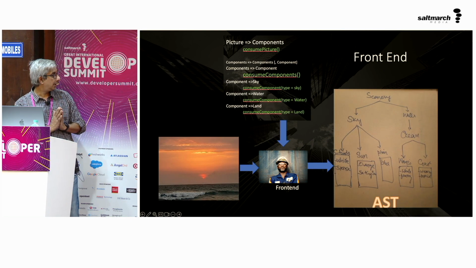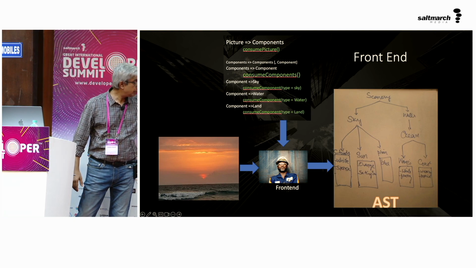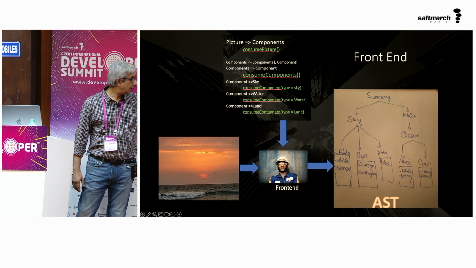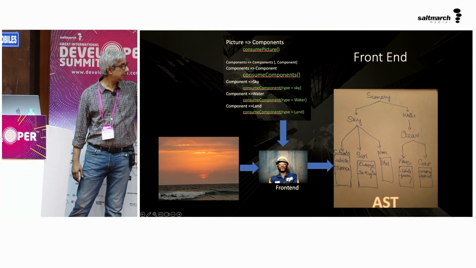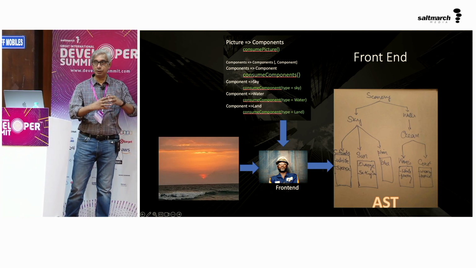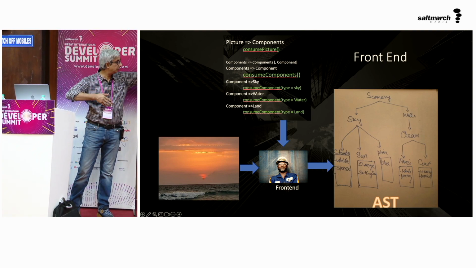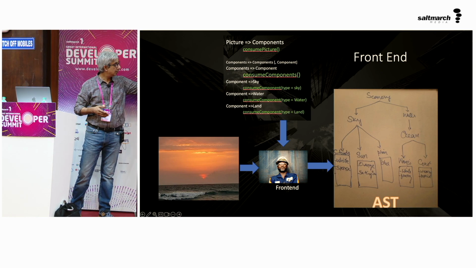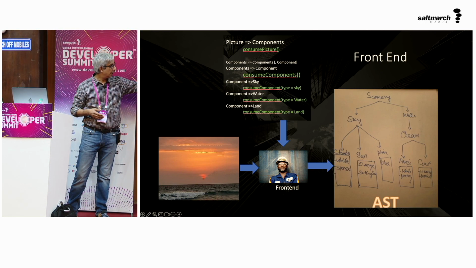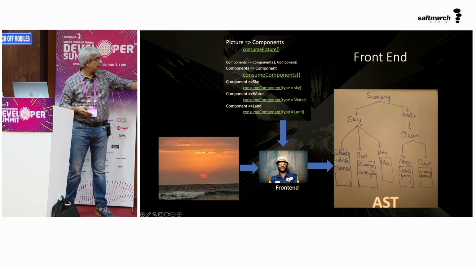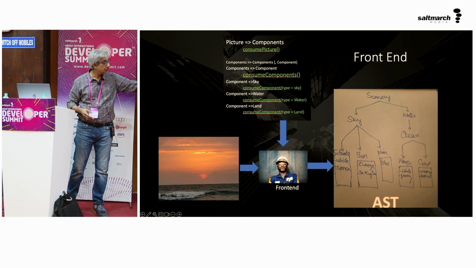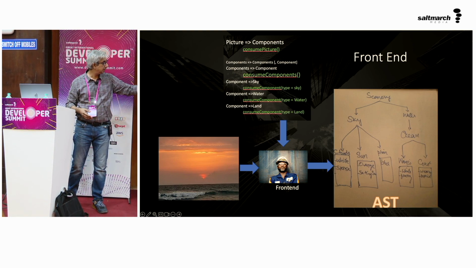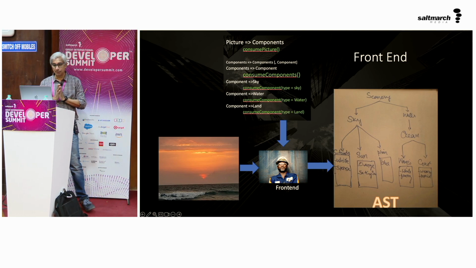So you have a blueprint, you have a scenery, and there is a front end, and it creates an abstract syntax tree, which is just a tree structure that says it is a scenery, it has a sky, it has water, and it has some properties to it. Like the sky is blue, it's plain and it's blue, and it contains clouds, sun, etc. So now we have a structure on which the backend can work.